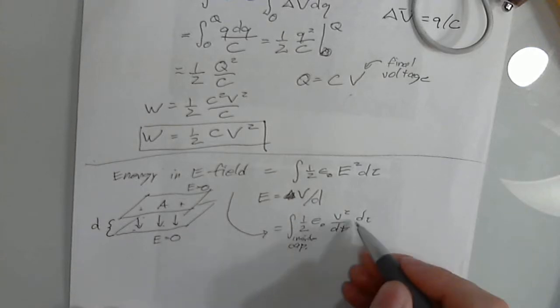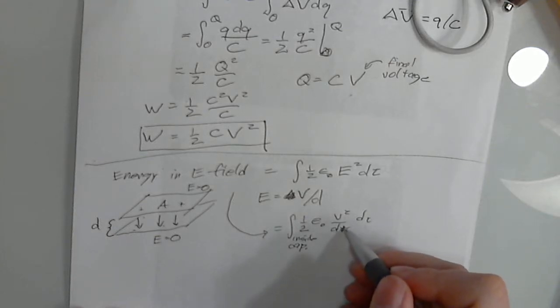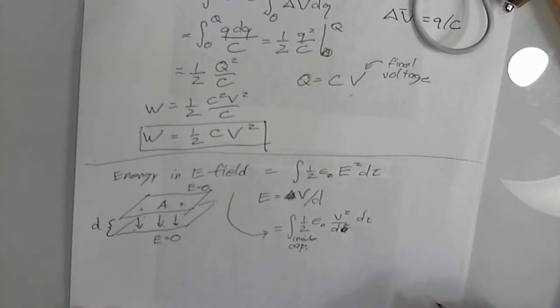All right, all these things are constant over that area. Wait, what did I write? D tau, that's wrong, just d squared is what that should be. So in any case, I need to integrate that over the volume contained between the plates.